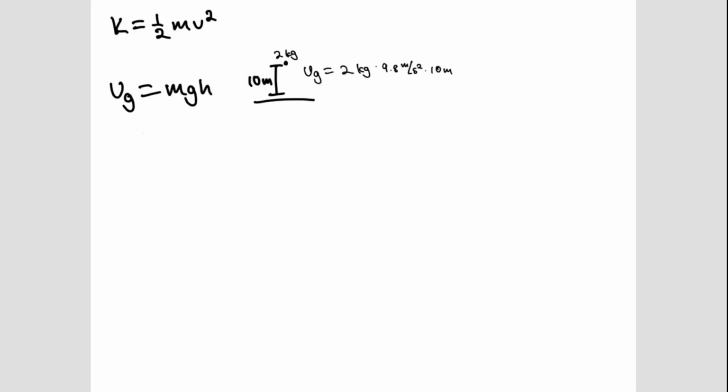If you do this math, we have U_G is equal to 2 kilograms times 98 meters squared per second squared. That is 196. And the units for energy are joules, J.